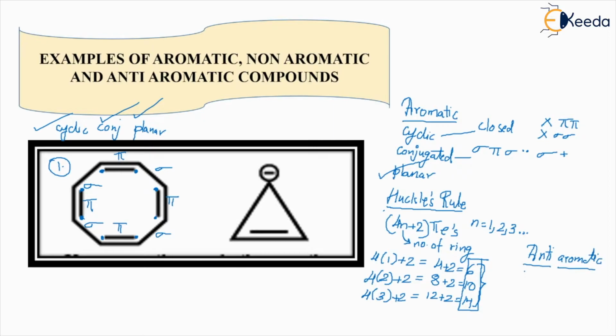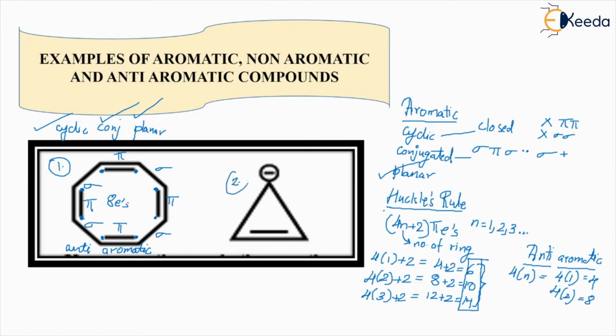If I have an anti-aromatic compound, the formula is just 4n. So we have 4 into 1 as 4, 4 into 2 as 8. And we have 8 electrons over here. That means my first compound is nothing but an anti-aromatic compound.